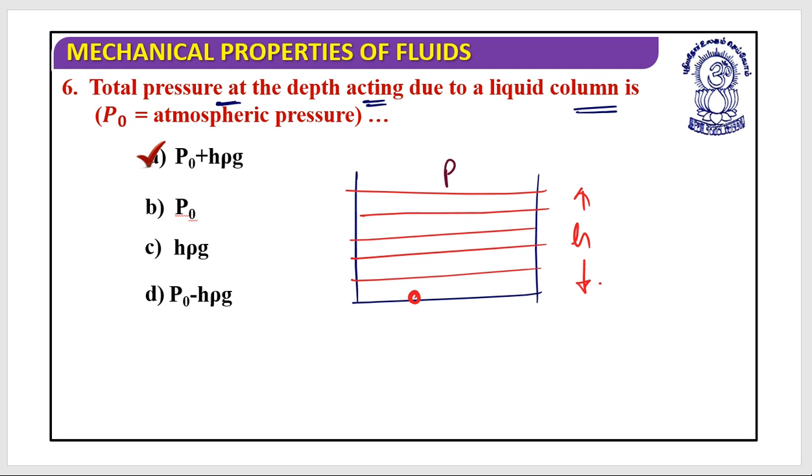Here is atmospheric pressure P naught, and at this point PA is equal to P naught plus the height of the liquid column multiplied by the density of the liquid multiplied by g. It's P naught plus h rho g. Yes, this is the correct answer. I hope this is clear. Was it clear? Do you have any doubts in this? Is there anything?